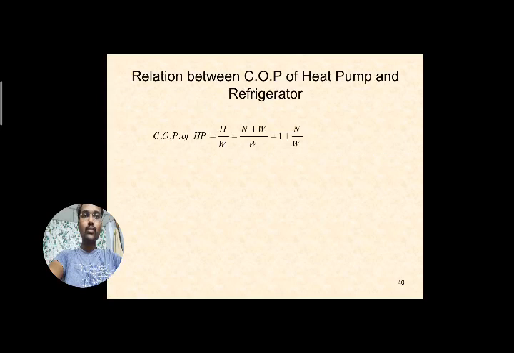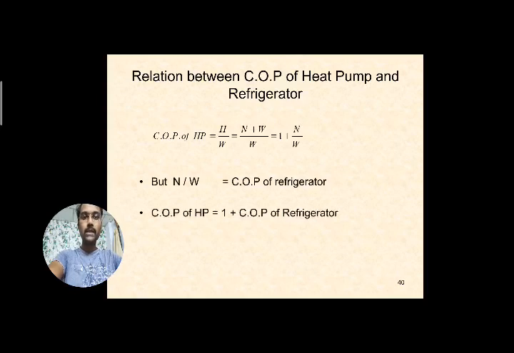Right, we'll see the COP of heat pump and refrigerator here. We have already seen this formula. H is the output, how much energy is effectively obtained per energy input. H can be written as N plus W, the heat abstracted from the sink plus the work supplied to the heat pump. So N plus W by W can be written as 1 plus N by W. If you observe clearly, for the COP of a refrigerator we wrote N by W. So the COP of heat pump is equal to 1 plus the COP of refrigerator.